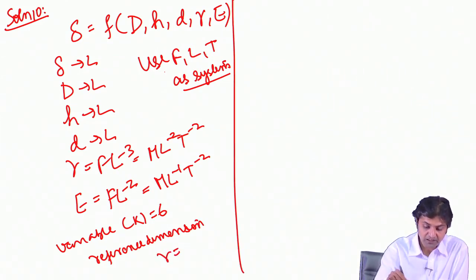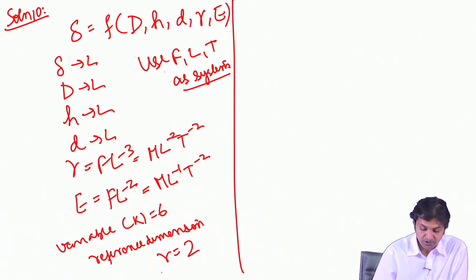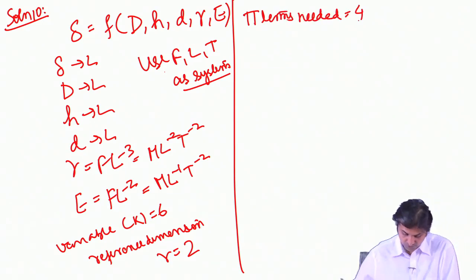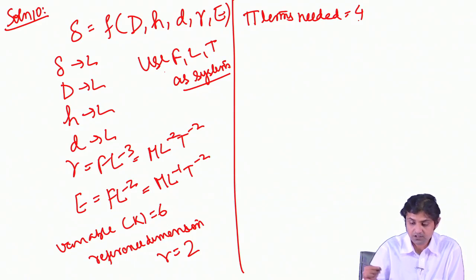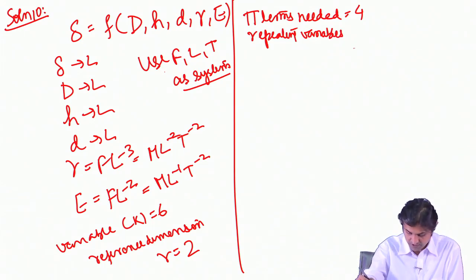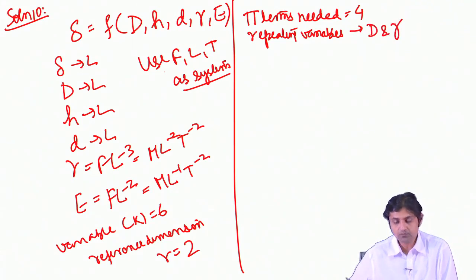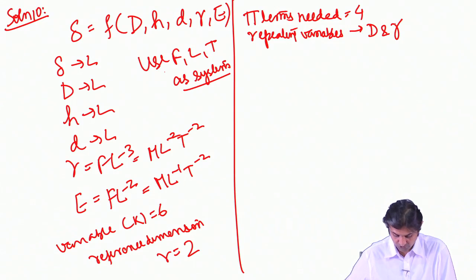You see, in the FLT system it has only F and L, right? So that means 2. So the number of pi terms is equal to 4. Okay, since there are only 2 reference dimensions, repeating variables, let us choose D and gamma. Okay, one representing L and one representing both F and L.